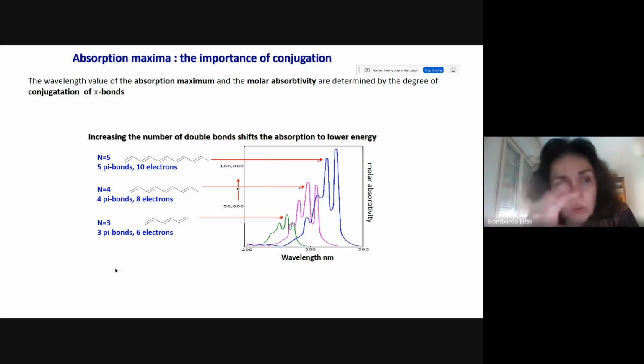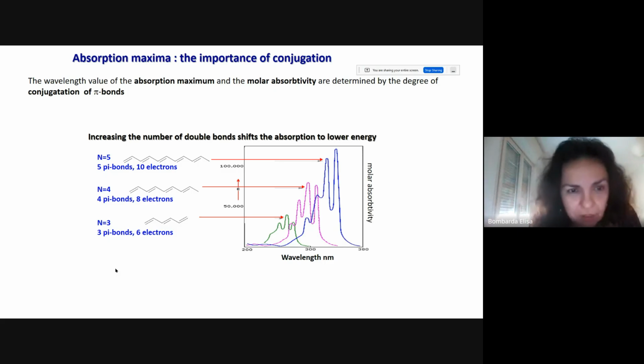Just to see how they look, but we will talk more when we talk about the probe. I go a little bit quickly, because we will talk again then.